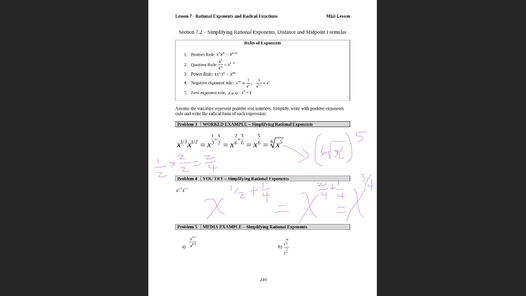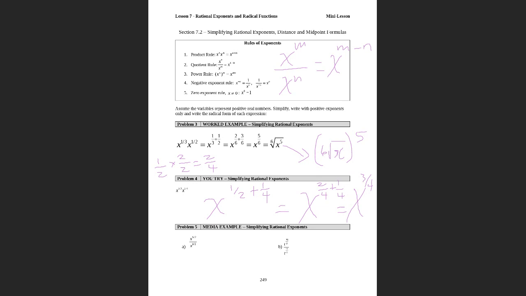Now, what about the quotient rule? The rule number 2. The rule says if I have x to the power m divided by x to the power n, then I could do x to the power m minus n. I could subtract those.